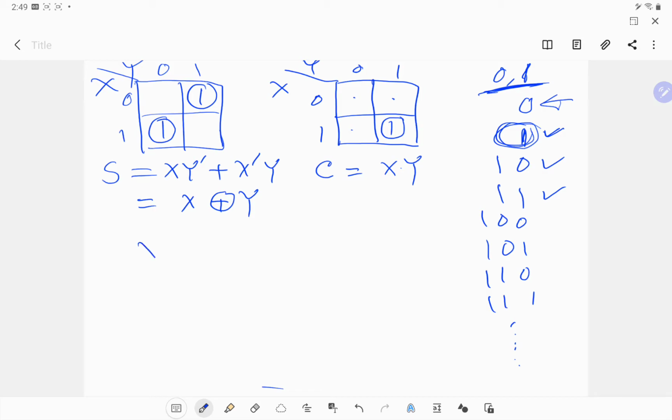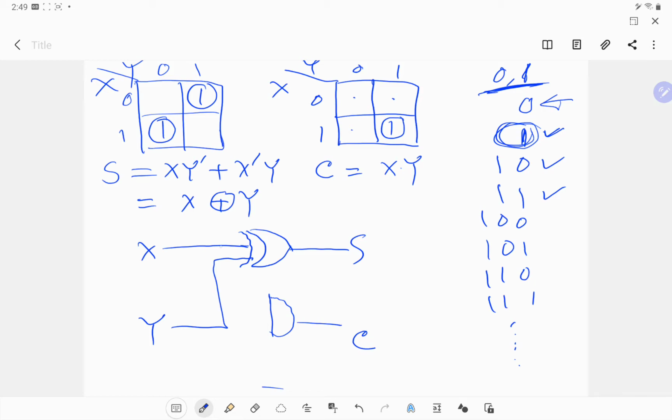Two inputs are X and Y, and two outputs are S and C. So S is X exclusive or Y. So exclusive or, one comes from X, another comes from Y. And C, one for X and another for Y. So that's the half adder circuit.